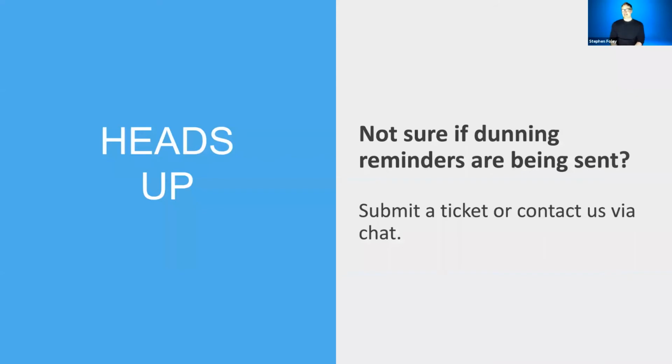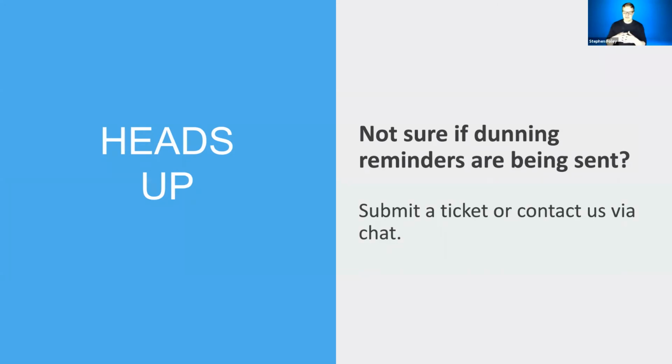And just a heads up, if you're not sure if your dunning reminders are being sent or you're considering running dunning reminders, we recommend that you submit a ticket or contact us through the chat system in the bottom right-hand corner. Dunning reminders are a fairly recent addition, and we didn't turn them on by default. We didn't want to release this capability and all of a sudden your members started getting these payment reminders.